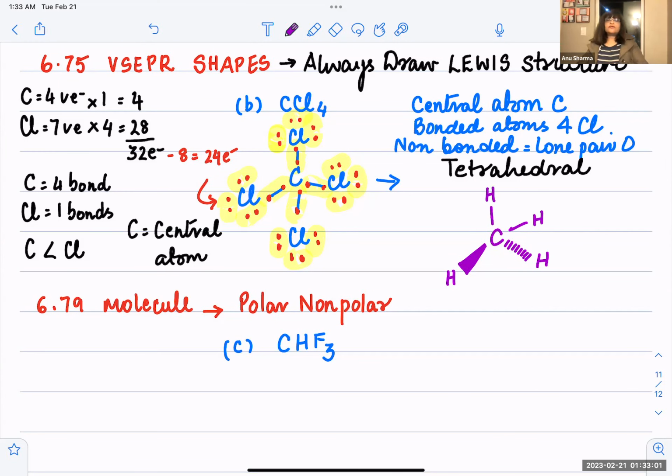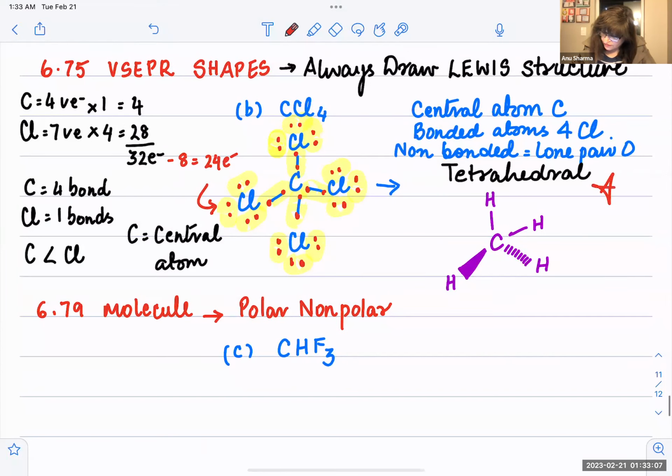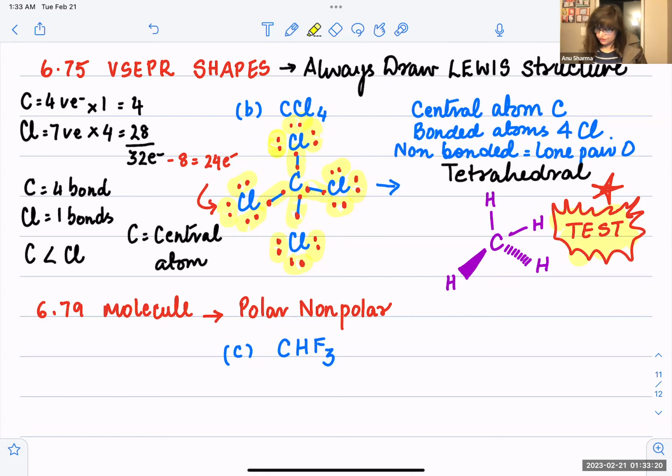This is how you show the tetrahedral shape. This is important. It looks like a test question, and it might show up on the test. If I don't see it drawn like that, I can't give you the points. So just make sure that you do it this way.